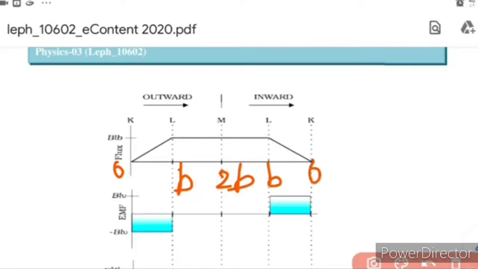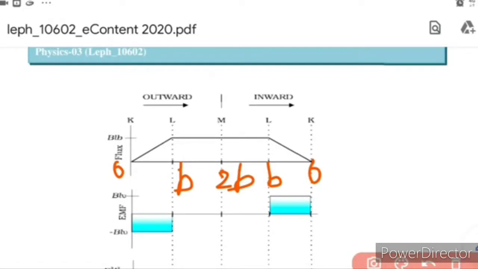This is how we have taken the points on the x-axis. And on the y-axis we are taking the quantities EMF, force, etc., as we discussed, the physical quantities.